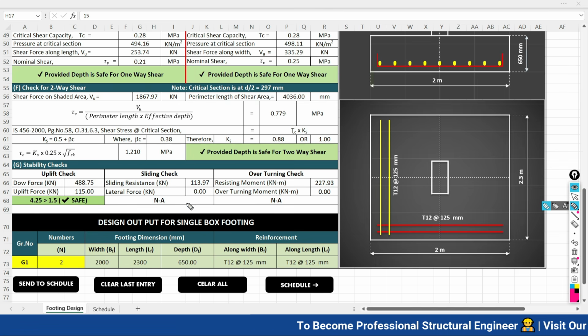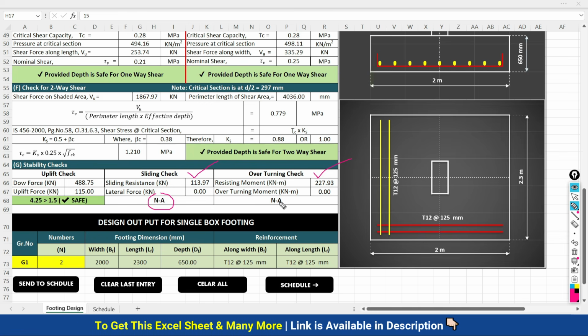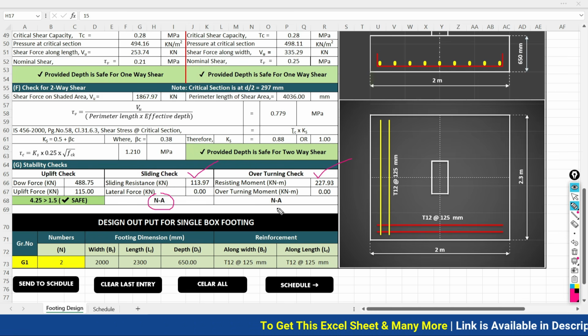But for the sliding check, there is no need to perform it because the lateral load is not there. So there will be no chance of shifting of your foundation. And when there is no lateral load, there will be no chance of overturning. So that's why we don't need to perform the sliding check or the overturning check. In both cases, it is safe and not needed when your column is resting at the center of your footing.